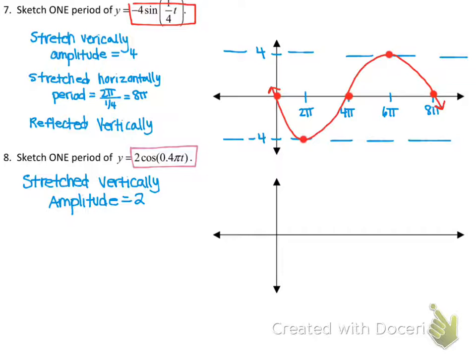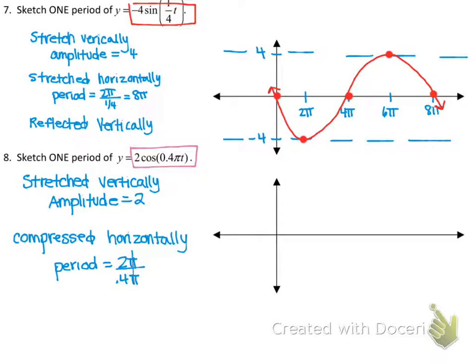So what this means is that it has been compressed horizontally and not stretched, all because it's greater than 1. So this means that the period in this case is equal to 2 pi over 0.4 pi.